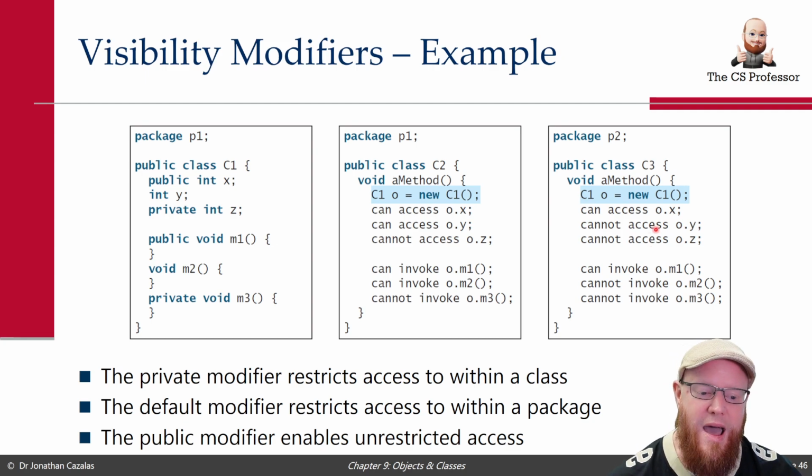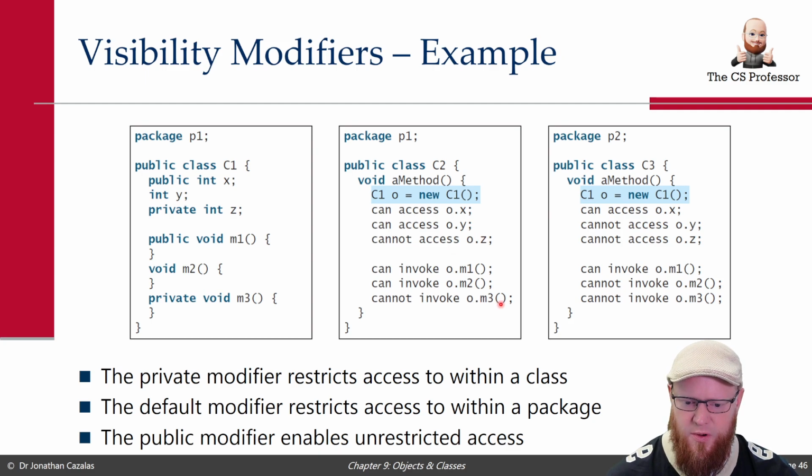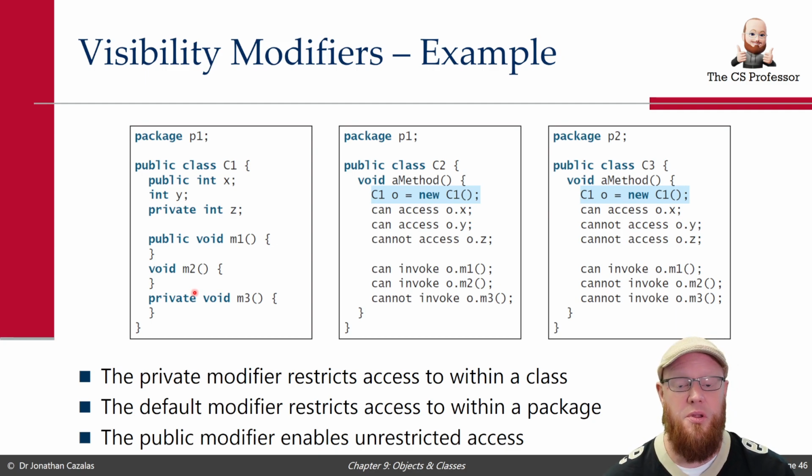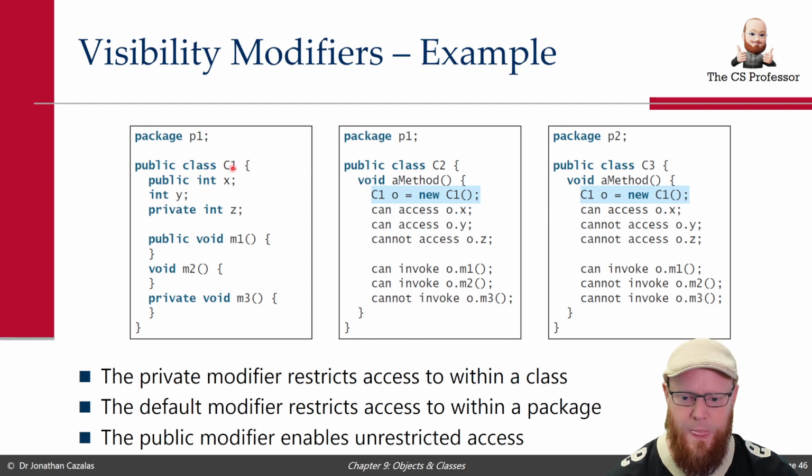We do not have access to Z and to M3 for the same reason we've already mentioned, because both Z and M3 are private. They are both only accessible from inside class C1. But what's different is now we no longer have access to Y or method M2. And why is that? Because remember that Y has default visibility, method M2 has default visibility.